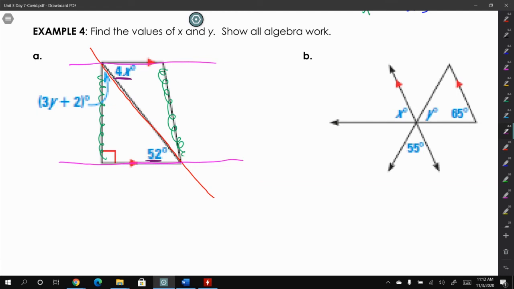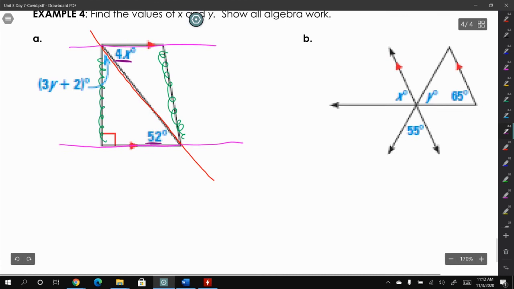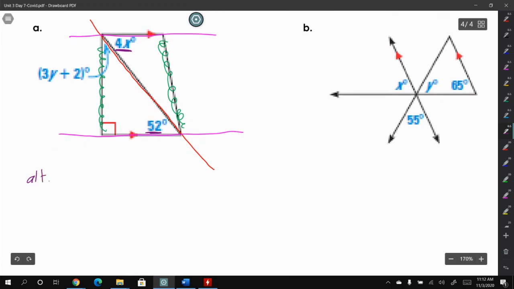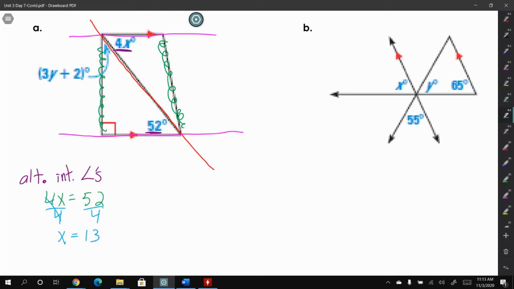So those are alternate interior angles, and that means they are equal. So we have 4x equals 52. Divide both sides by 4, and we get x equals 13. Okay, so that's one thing that's done.